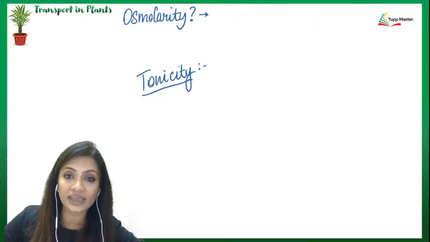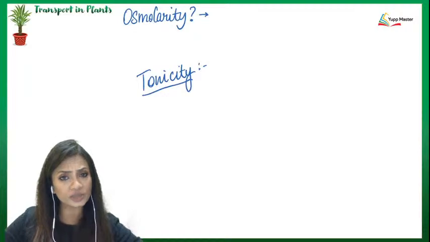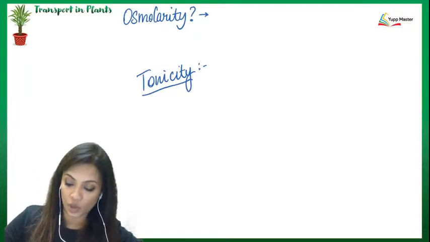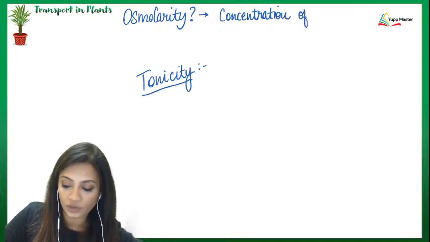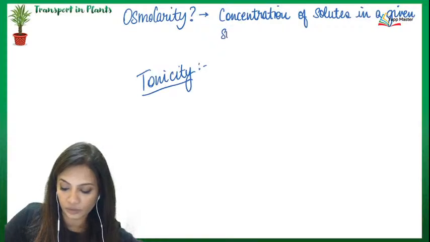Let's say you have any given solution with you. How much of solutes is present in that solution is called as the osmolarity. So, osmolarity means the concentration of solutes in a given solution.